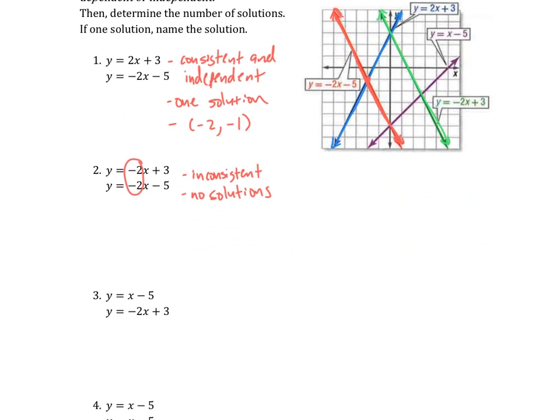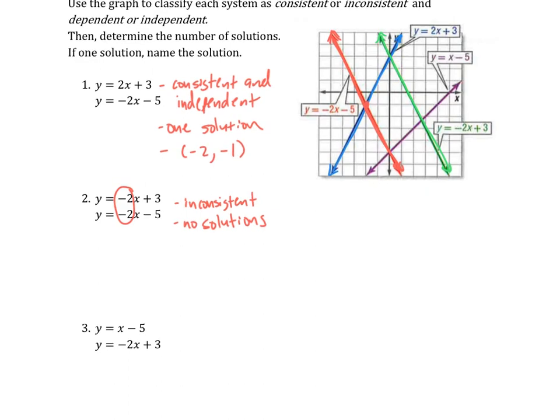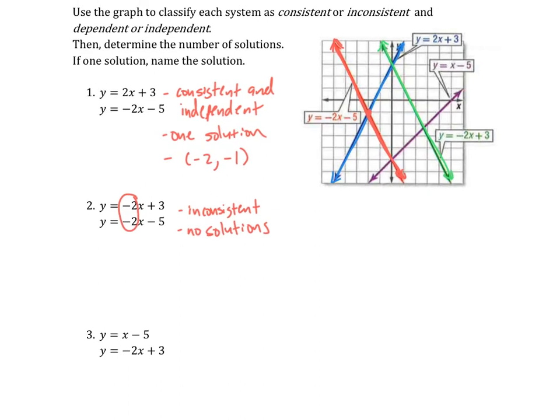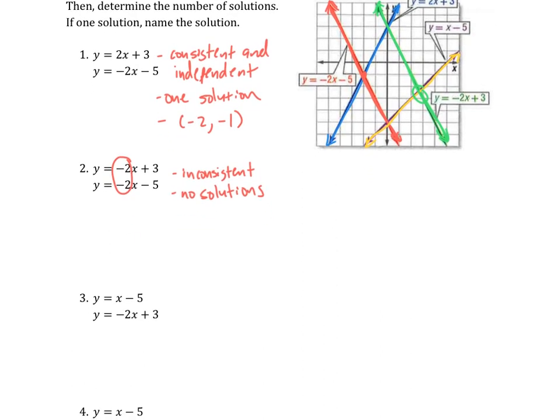Right here, now number 3, we have y equals x minus 5. That's this purple line here, but I'm going to trace it in yellow because I don't have a purple color. Okay, and y equals negative 2x plus 3. That's this green line here again. Okay, and they cross at one point, which means that it's going to be consistent and independent.